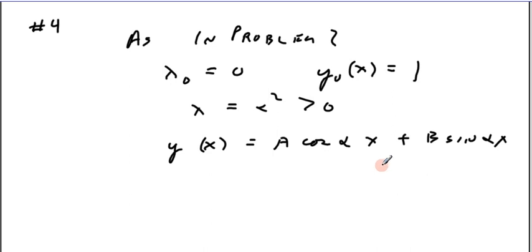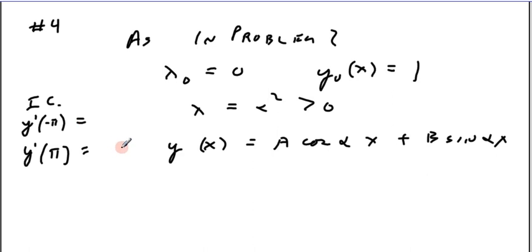And we have a new set of initial conditions for problem number 4, which is y prime at minus pi and y prime at pi are our conditions. So y prime at minus pi is 0 and at plus pi is 0. Boom, boom.